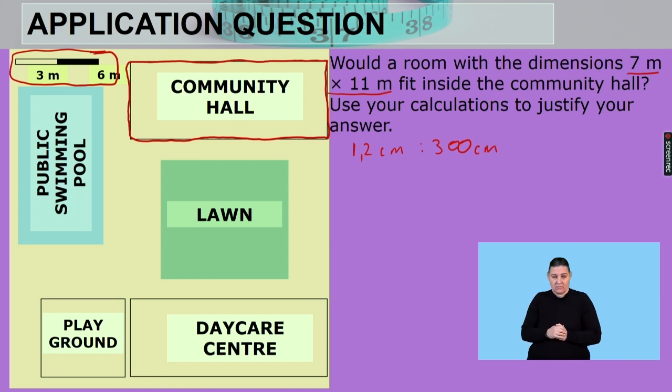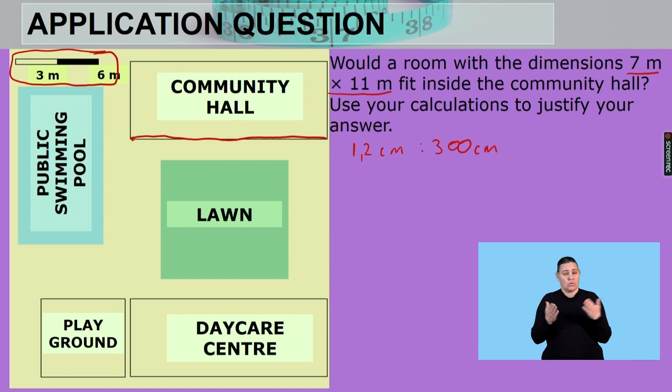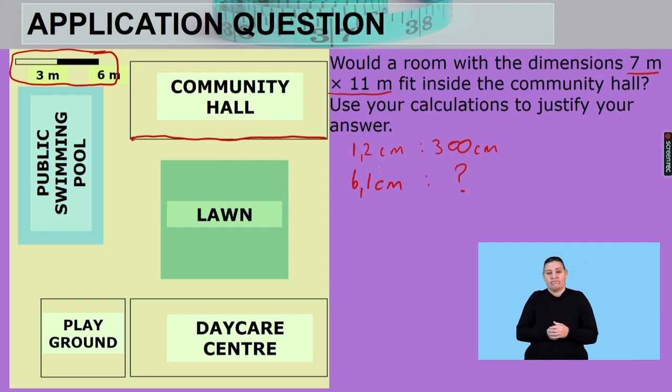So in this case, if I measured the length this way of the community hall, I got that to be 6,1 centimeters. And we don't know what that side is. So here we go. Divide there times there. Excellent. Therefore, 6,1 divided by 1,2 multiplied by 300.